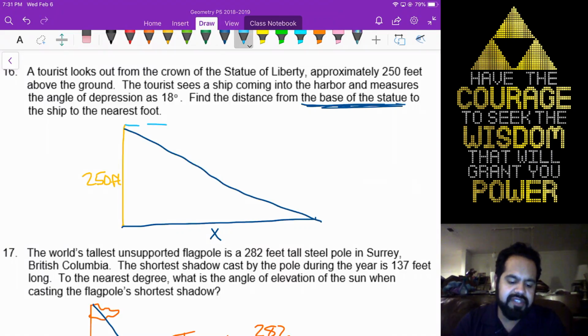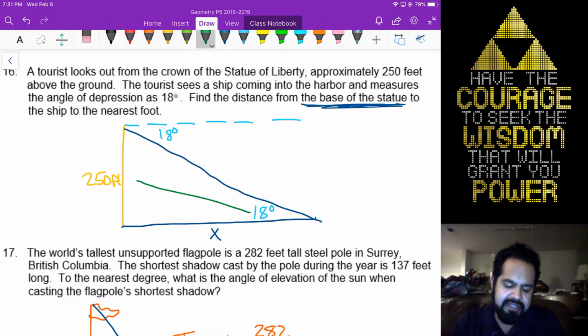So here's our horizontal plane. And we've got 18 degrees. Now that 18 degrees we can transfer to here because they are alternate interior angles. So then 18 points to here, so that's the opposite. X is the adjacent. So tangent.